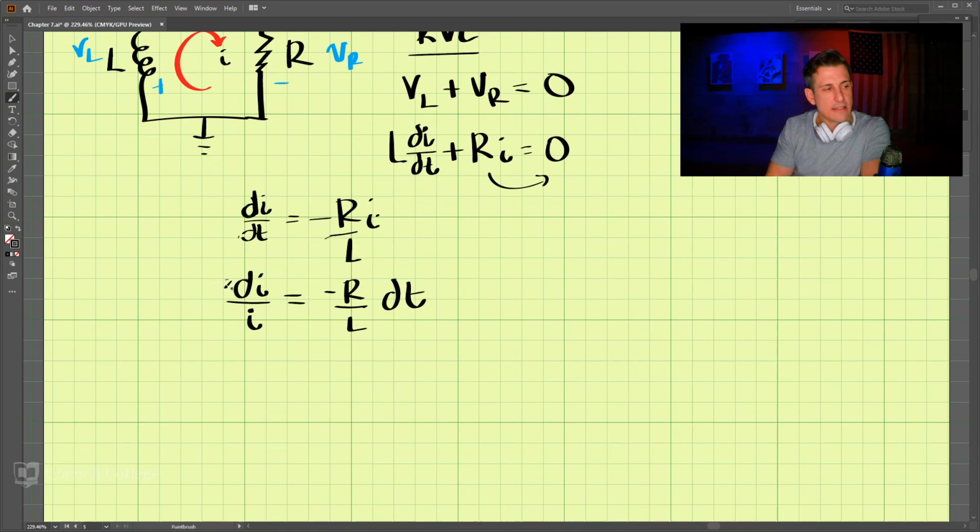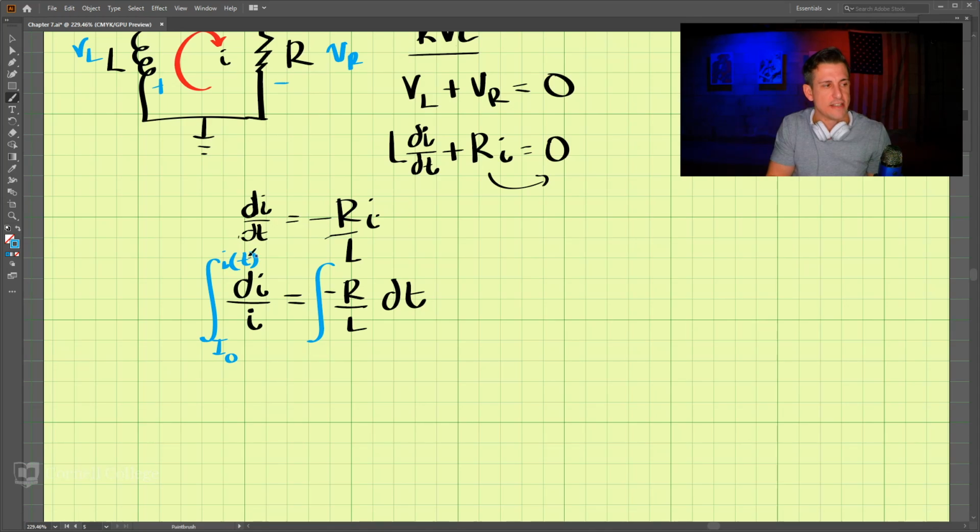Now on the left-hand side we have current, and on the right-hand side we have time. So what we're going to do is integrate both sides. On the left-hand side, we're going to integrate from the initial current to the current at time t.